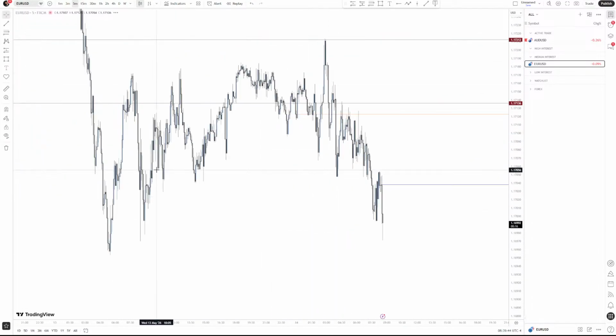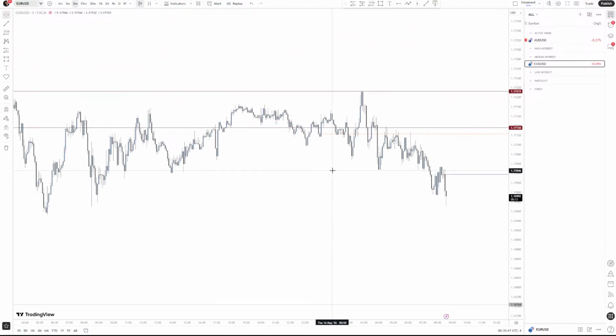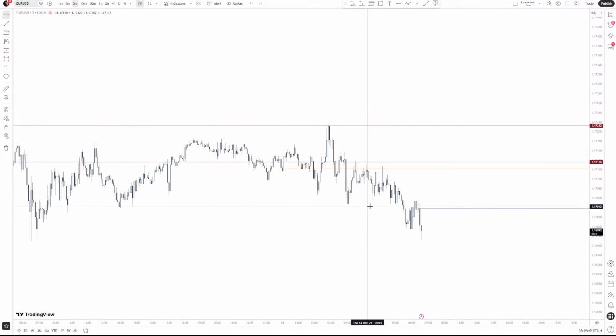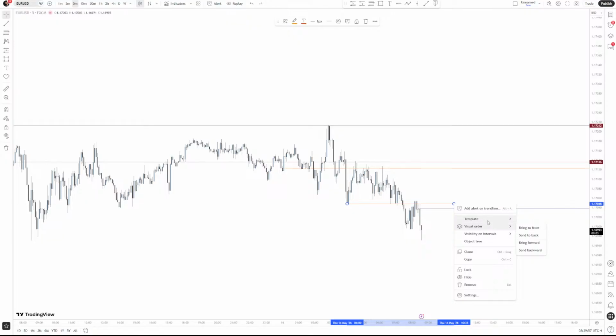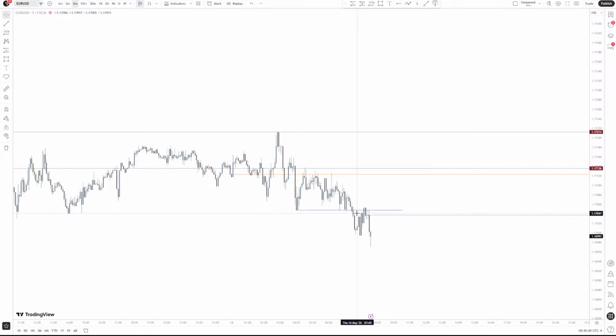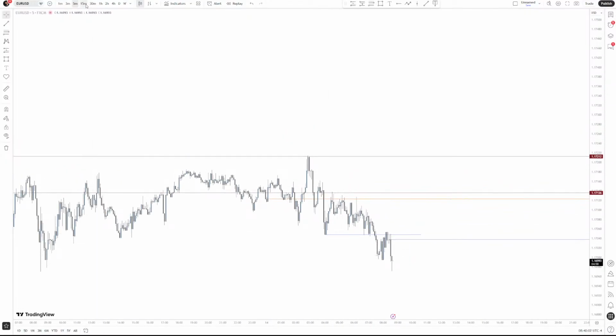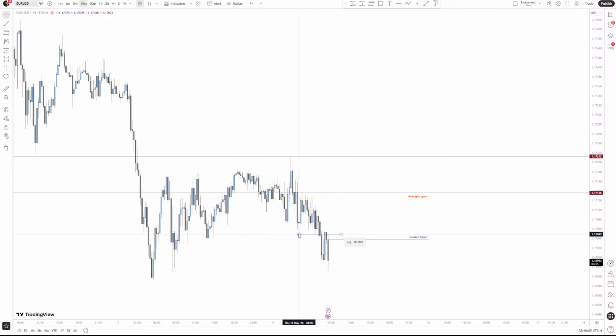So what we're going to be looking for now is equal lows, equal highs, and just looking for liquidity as a whole. We actually did have liquidity over here. Now create an equal lows here. Maybe even get a scalp from here to here.